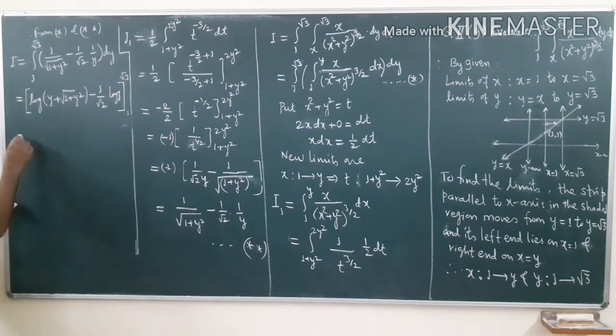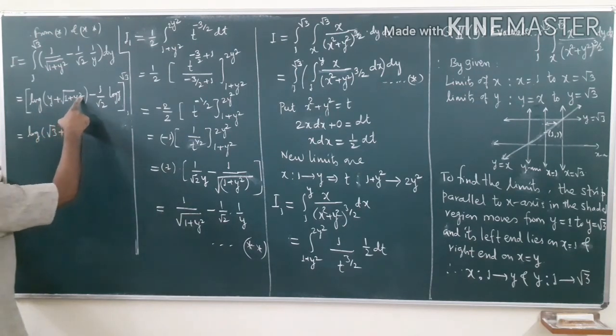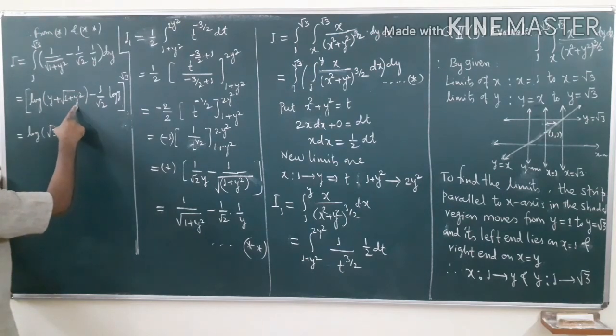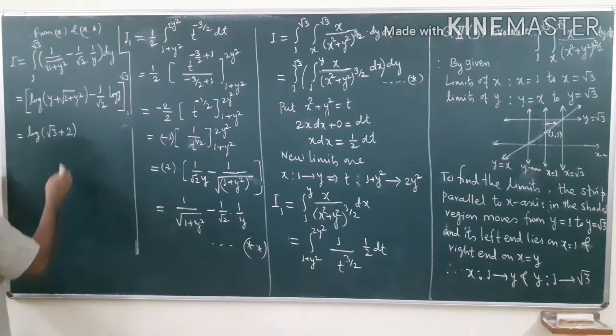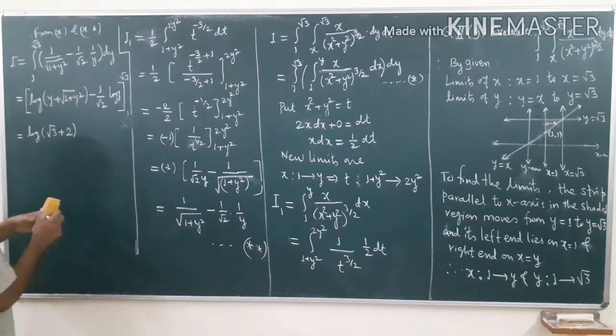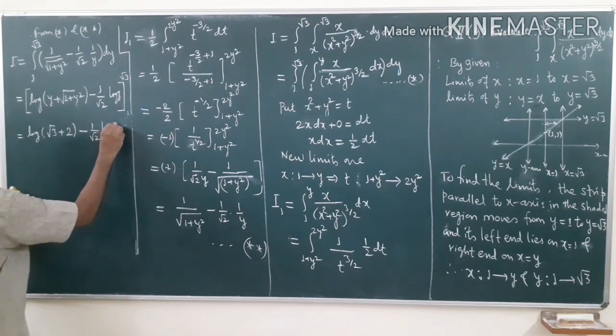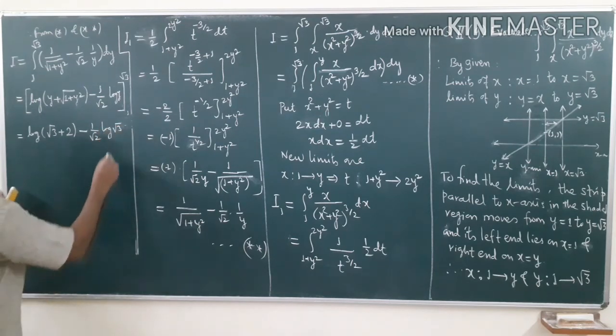So this equals, now put upper limit minus lower limit. Log of root 3 plus under root of root 3 square, which is 3, and 3 plus 1 is 4, root of 4 is 2, minus 1 upon root 2 into log of root 3.